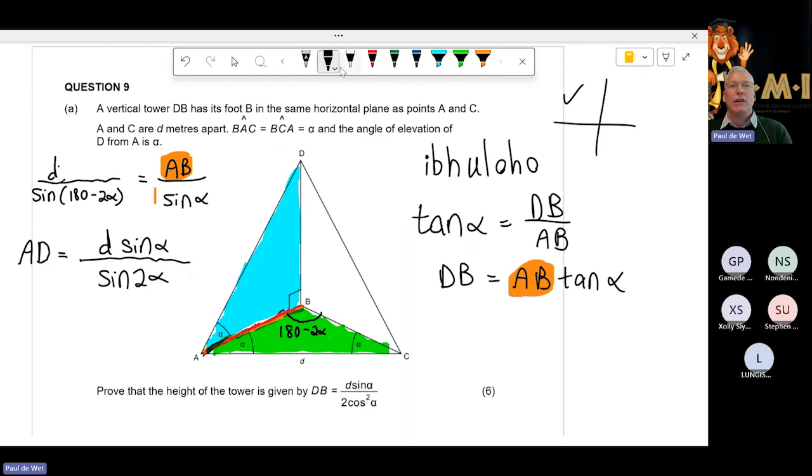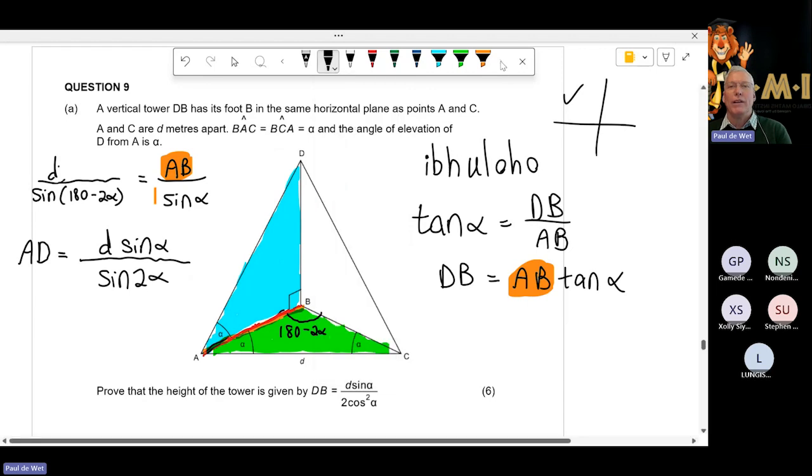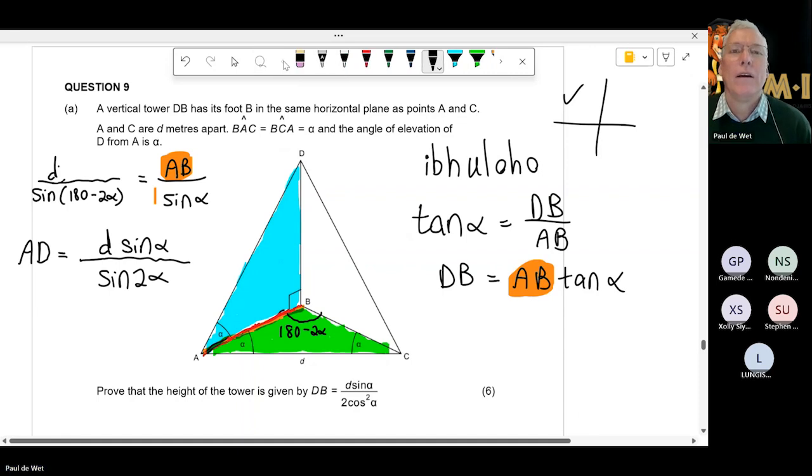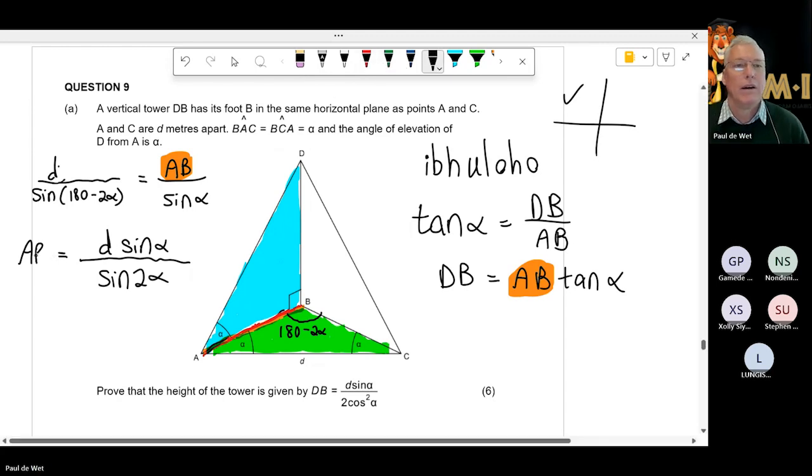Another problem here is that I don't seem to have an eraser anymore. What on earth is going on here? Oh, there it is. So this should be AB. Okay, so tell me what to do now.